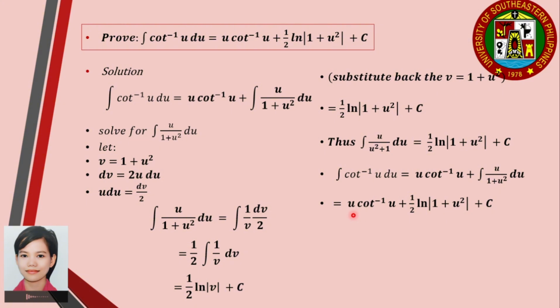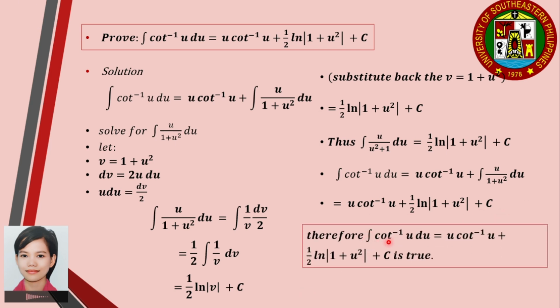So the arc cotangent u equals to u multiplied to arc cotangent u plus 1/2 ln the absolute value of the quantity of 1 plus u squared plus c. Therefore, the integral of the arc cotangent u du equals to u arc cotangent u plus 1/2 ln the absolute value of 1 plus u squared plus c is true.